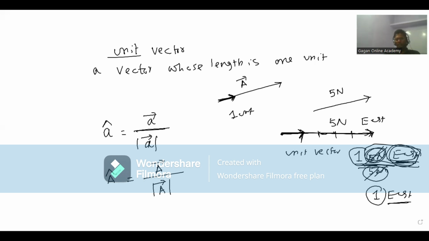From this we can write, sending the modulus of vector A to the other side, A cap into modulus of vector A is equal to vector A.